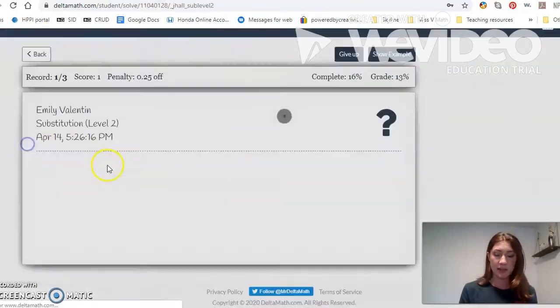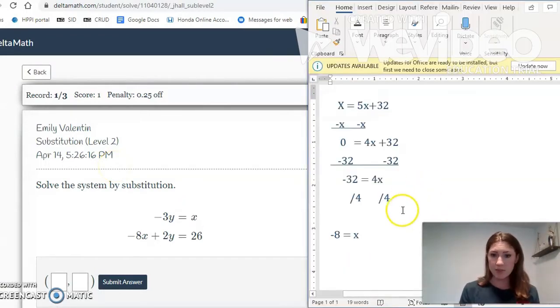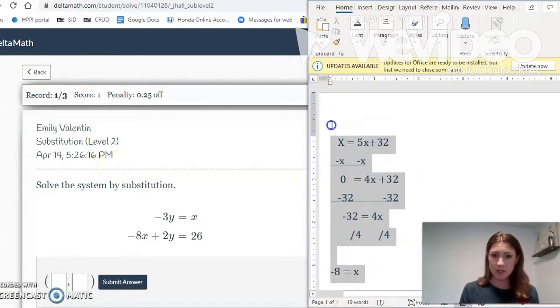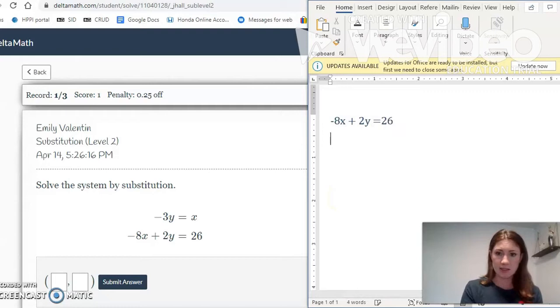All right, let's try a level 2 substitution. Okay, so this is going to require a little bit more work. That first equation, I don't quite have y by itself, but I do have x by itself. So I'm going to substitute that amount for x in the second equation. So the second equation says negative 8x, but instead of x, I'm going to replace that with negative 3y.